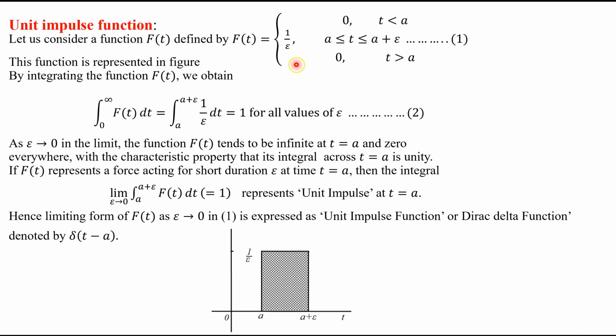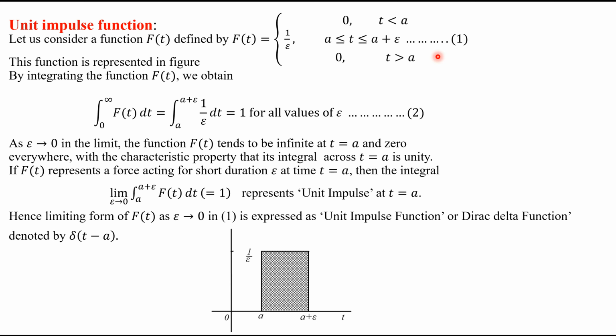This function is represented in the figure, where time is on the x-axis and f of t is on the y-axis. When t is less than a there is no graph, between a and a plus epsilon the function is 1 upon epsilon, and when t is greater than a plus epsilon it is again 0.